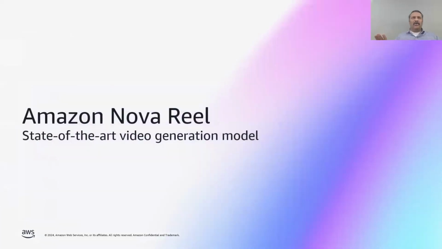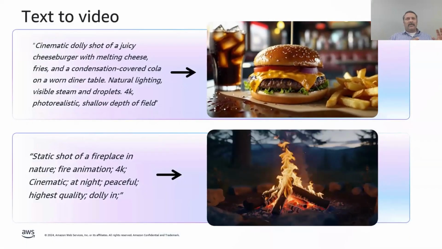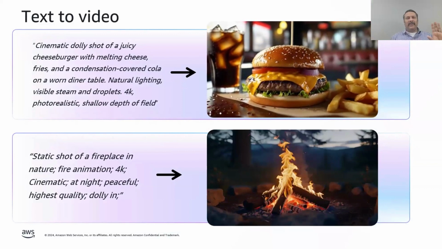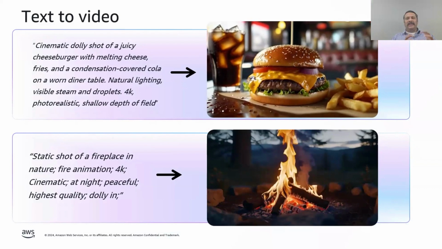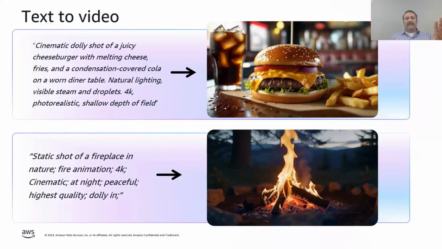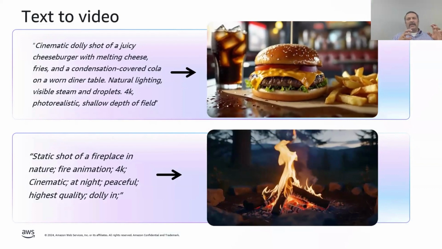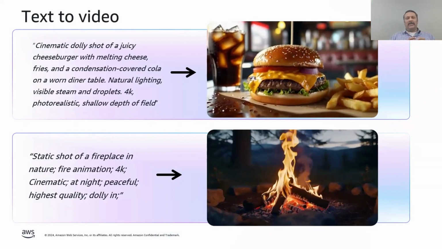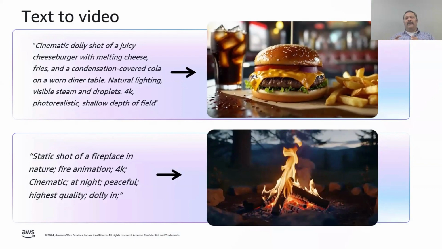Let's move on to the Amazon Nova Reel, the video generation model. Again, the text to video feature takes textual descriptions and produces dynamic, high quality video content. These examples, what you see here, demonstrate the model's ability to interpret the textual prompt and translate it into a visual narrative with motion.